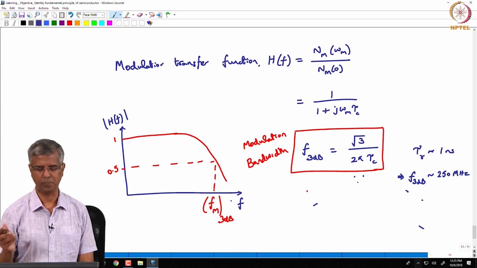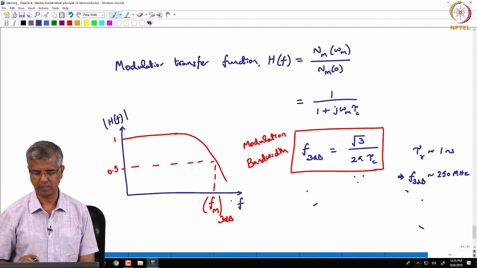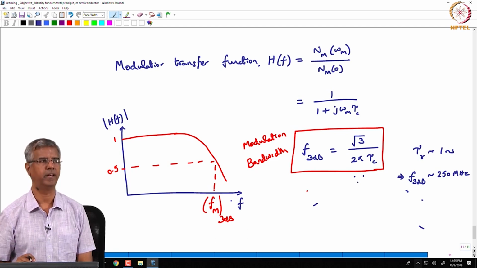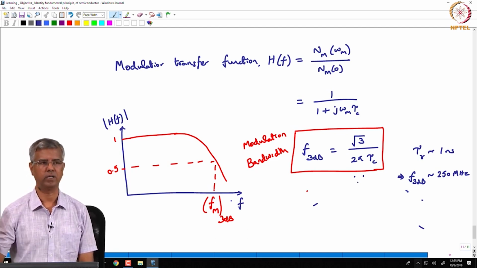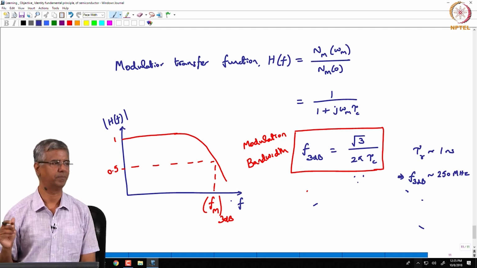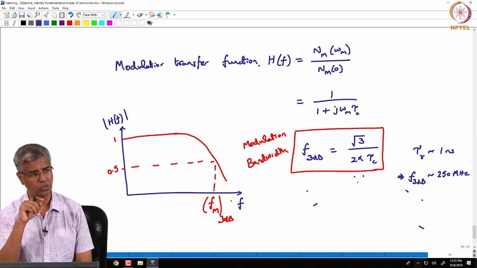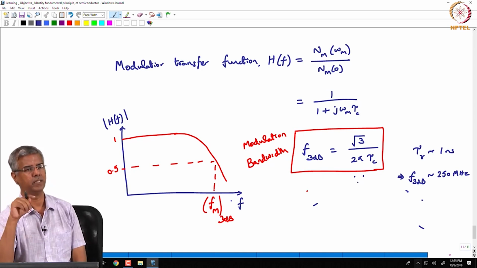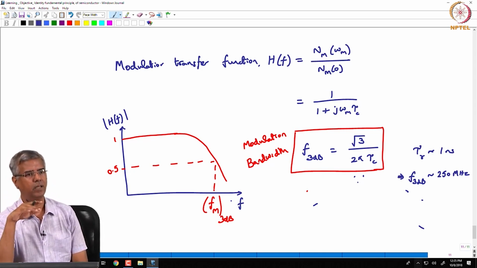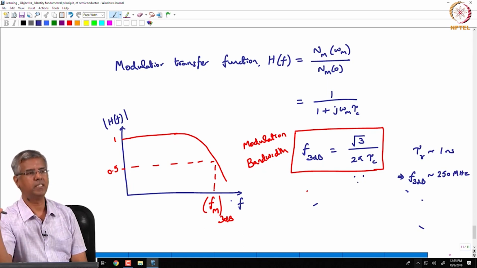It will probably be that the strength of the modulation that you finally achieve is only in the order of 10 power minus 5 or 10 power minus 6, but still that constitutes a small component modulated on a very large DC.